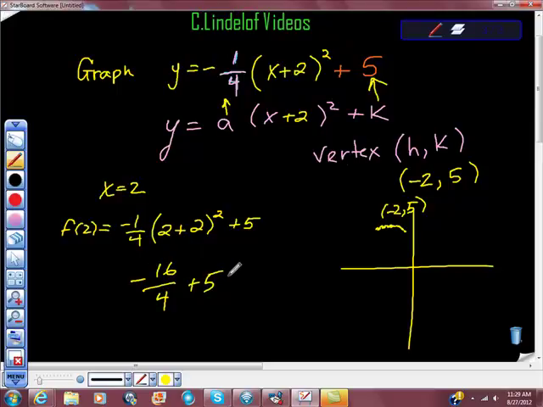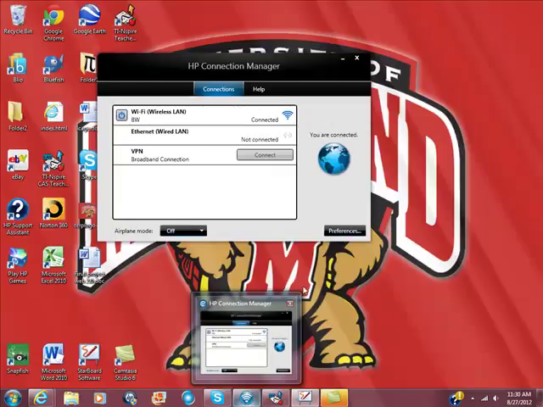This is negative 4, isn't it? Equals 1. So we would get the point 2, 1. So here's maybe 2, 1 right here. So we can extend our parabola here like this, can't we? See, this thing looks like that, right? And I like that.